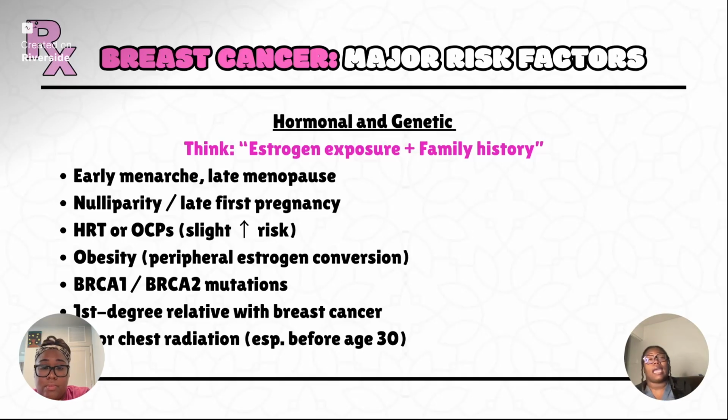So if you get a question on the PANCE or on your EORs or on your end of curriculum exam, and it says something along the lines of a person who has a history of recurrent pneumonia or COPD or cystic fibrosis or anything like that, and they report a history of constant radiation exposure or X-rays, keep breast cancer on the differential if they mention a breast mass or anything like that.